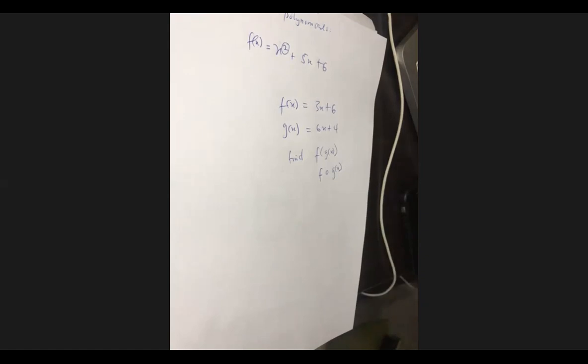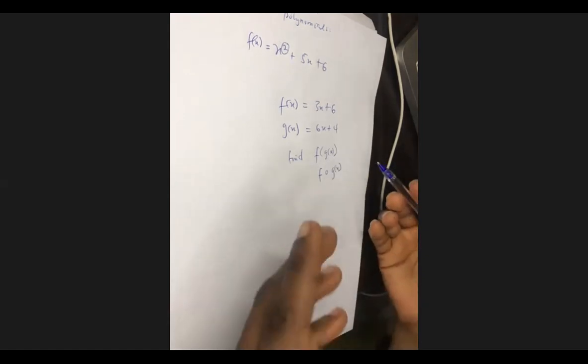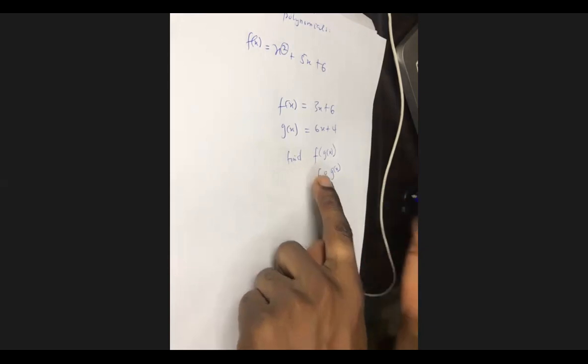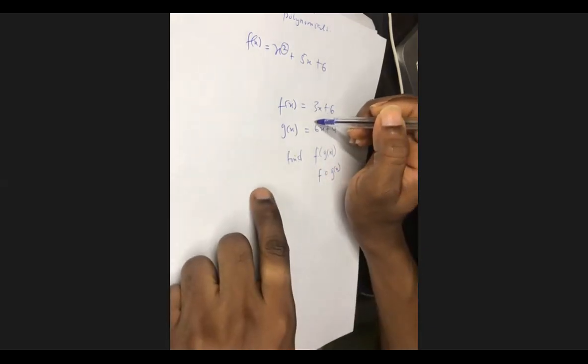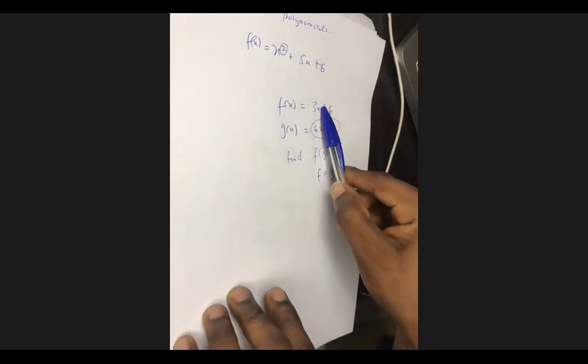So this is what we are going to do. You realize that now the g of x can be found inside the f. So what it means is that you pick the value or the expression that represents g of x and then fix it inside where you find x in the f of x.